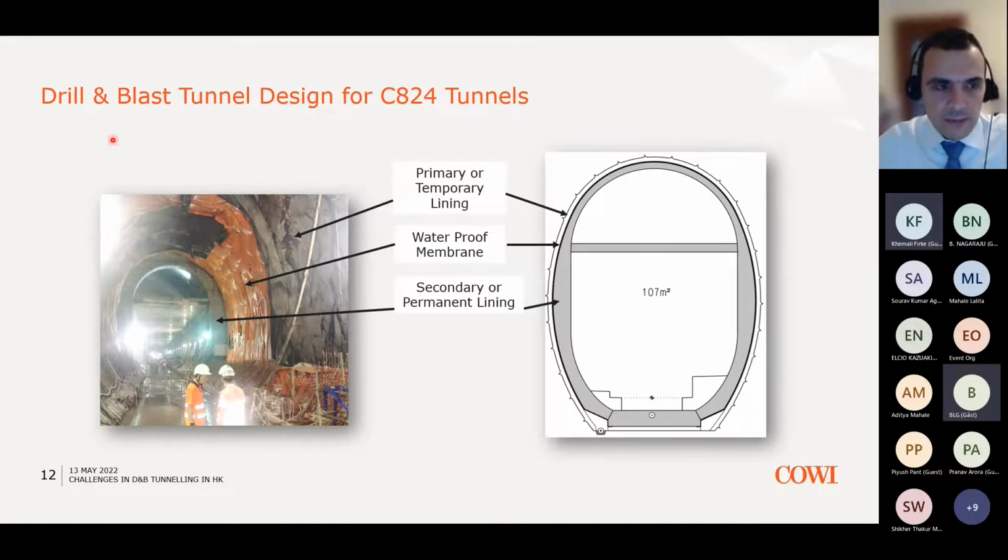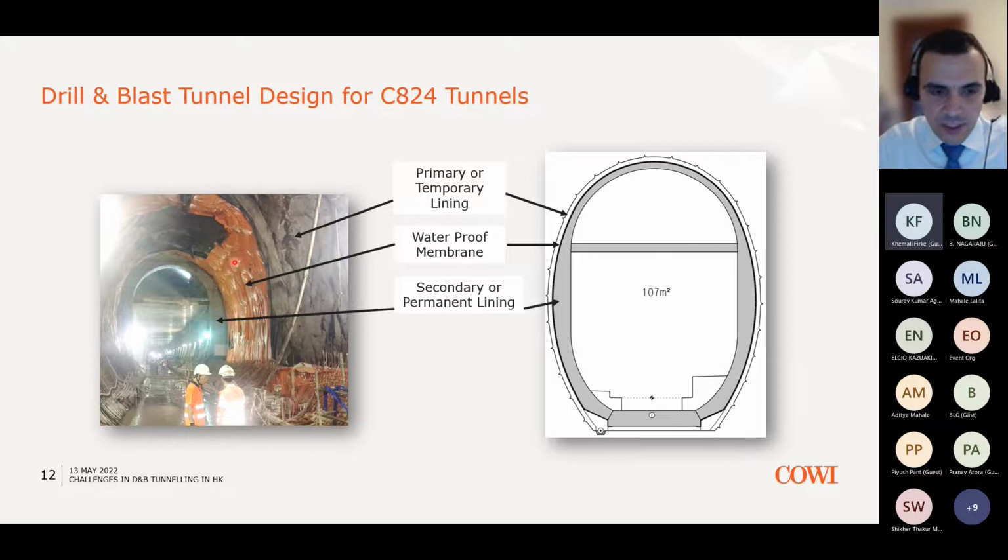So this is typical for drill and blast tunnels. Now, what that consists of: this support is the primary or temporary support, which, as I mentioned previously, is sprayed concrete with rock bolts, which you can see here in this area, the sprayed concrete. Then this is typically followed by a waterproof membrane in this project.